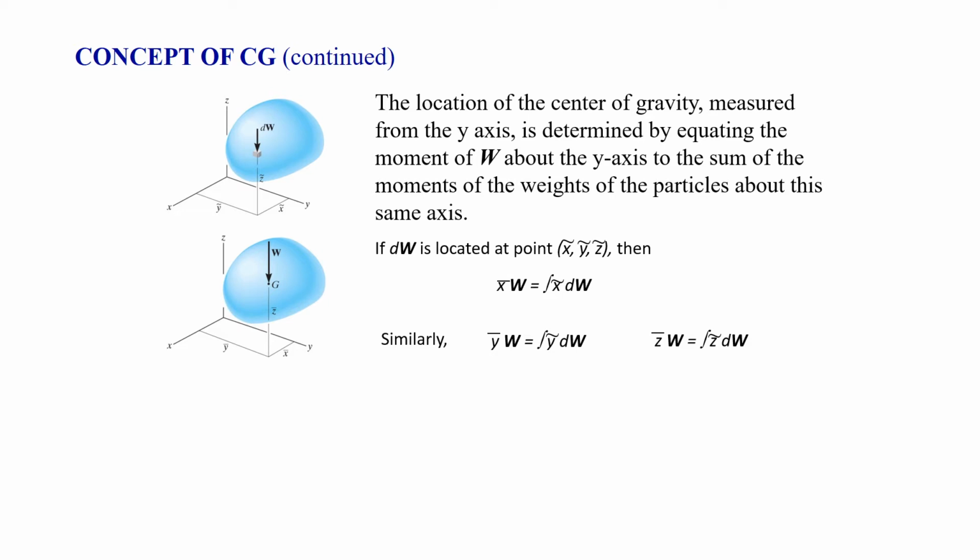If you consider a differential weight located at a point x tilde, y tilde, and z tilde, then you can find the location of the centroid along x as x bar times the entire weight W equal to the integration of x tilde times the differential weight dW. And so we've got an integration task to perform to complete this. Similarly, we can do the same calculation for the y-axis and the z-axis to find the three-dimensional centroid of a body.